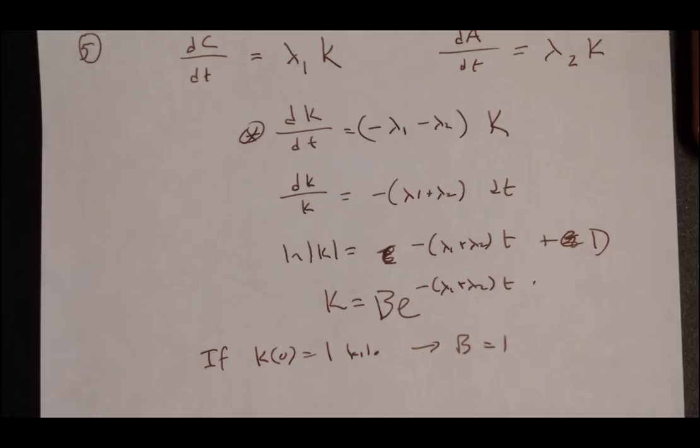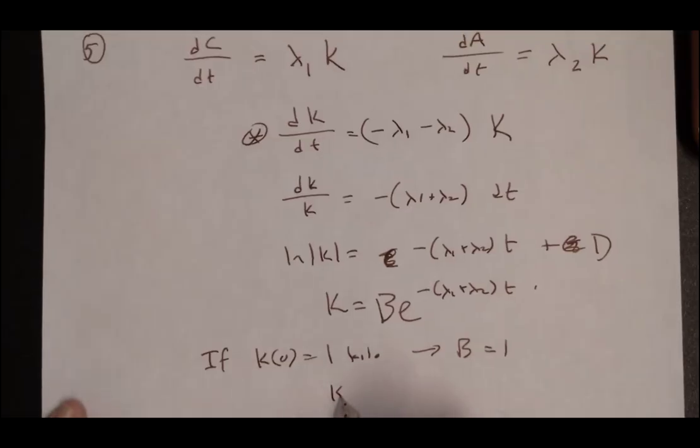E to the 0 is just 1, so B has to be equal to 1 kilogram. But now I have an expression for K, which I can put into those two expressions up there. K equals 1 e to the minus lambda 1 plus lambda 2 t.